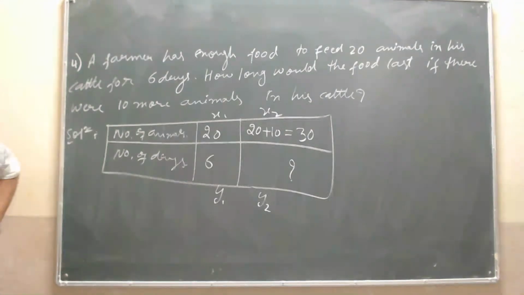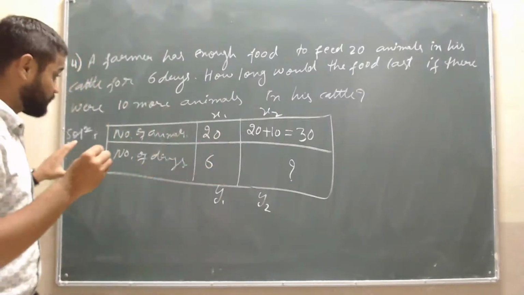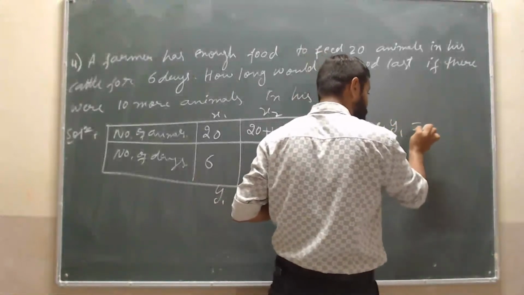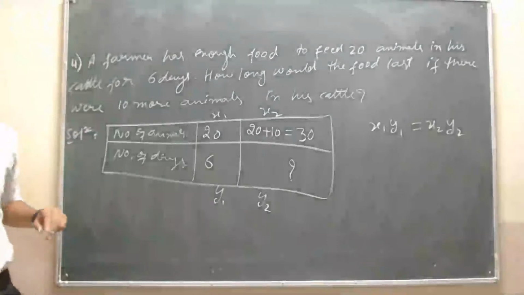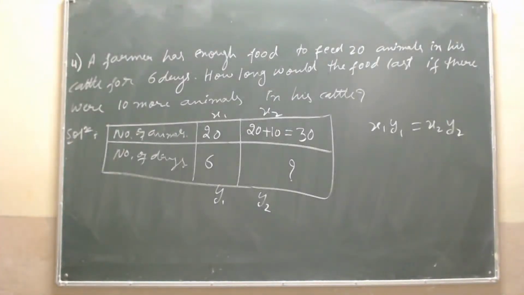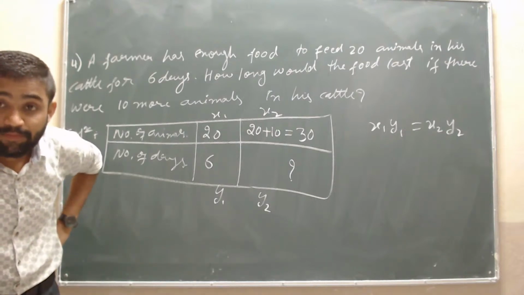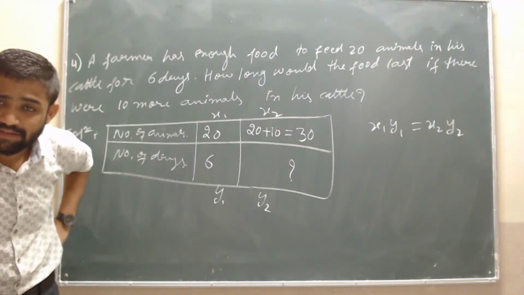Now concentrate again, children. We also know the formula for this inversely proportional relation: x1 y1 equals x2 y2. Vaishnavi says 12 days, Bharat says 12 days.